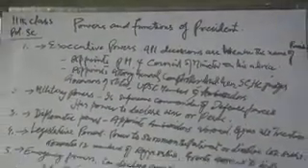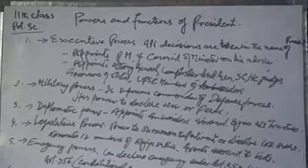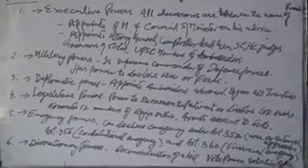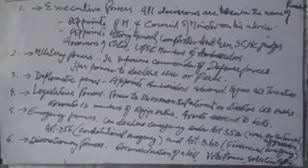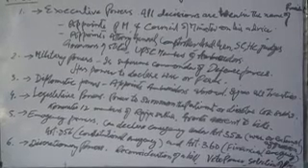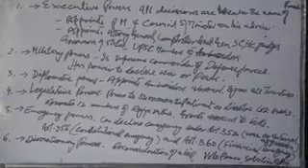He can refuse or withhold the bill or may send it back to Parliament. Likewise, in 1986, Zail Singh, the then President, kept the Post Office Amendment Bill pending, which was later sent back to Parliament by R. Venkataraman.